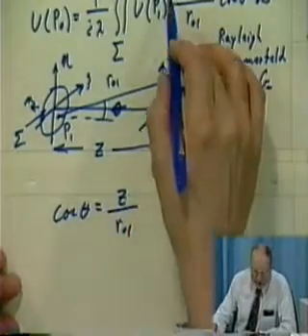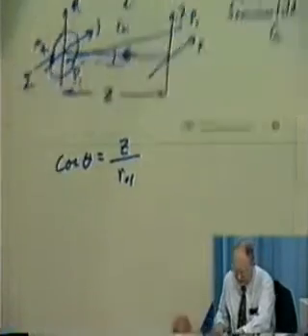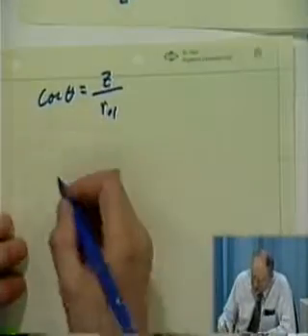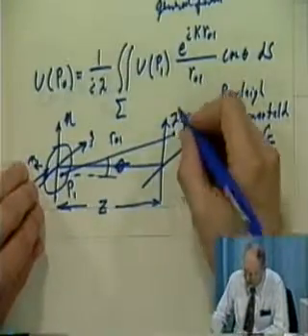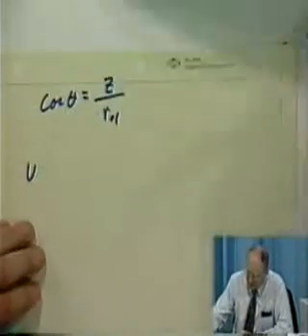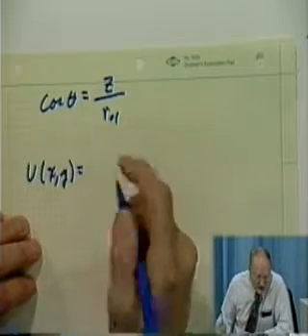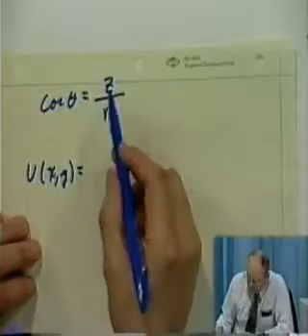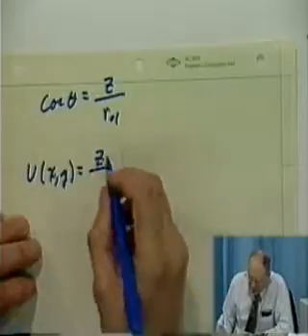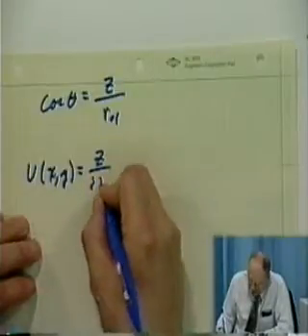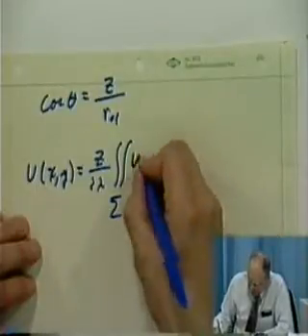And so we can plug that back into this expression right here and write down the result that u of P naught, but I'm picking a plane here, xy. So we say u as a function of x and y is equal to, we put in the cosine theta, we get z over R01. So I get a z, which we could take outside the integral because it's a constant, over i lambda, integral over this aperture of u.